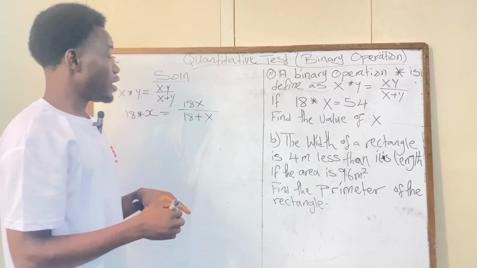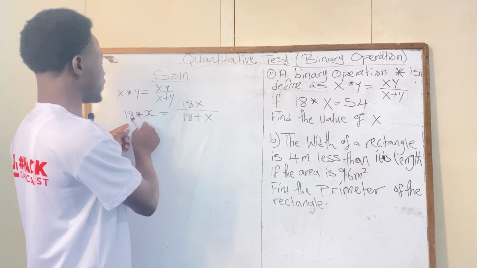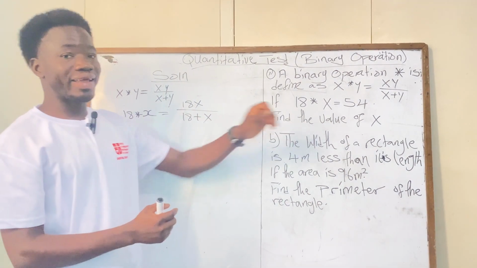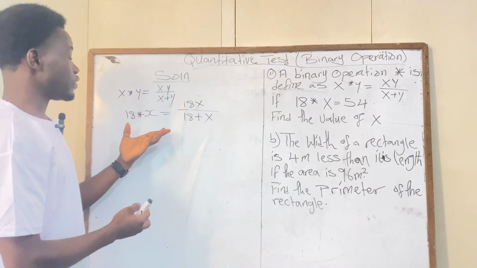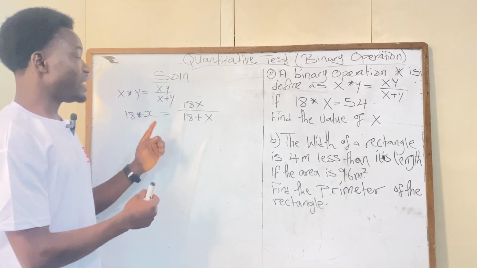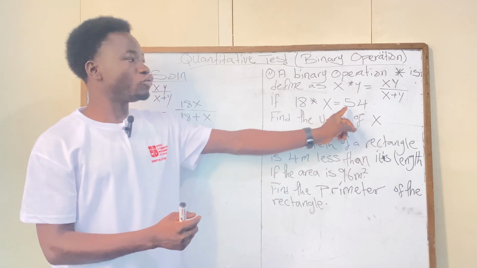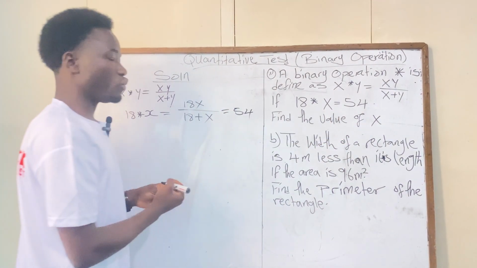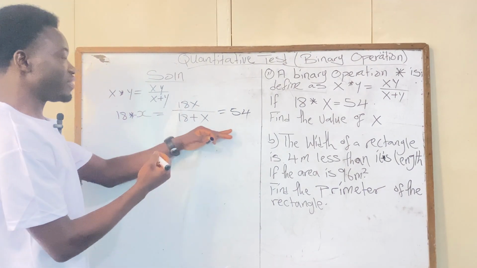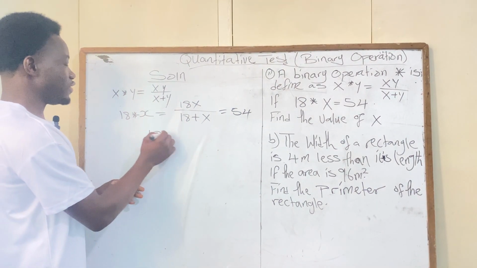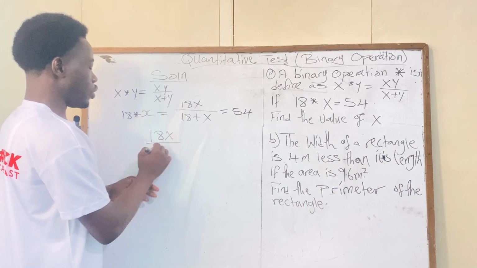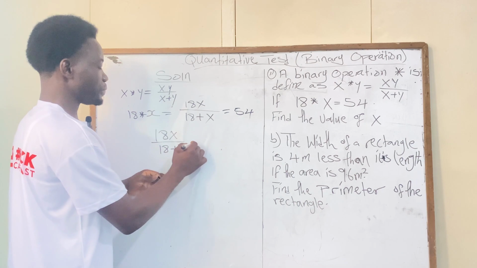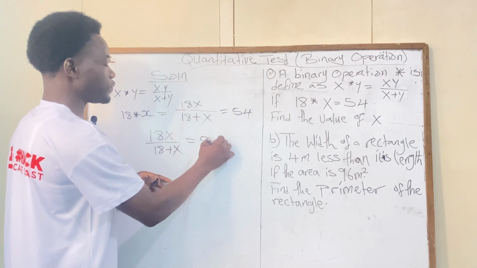All right, we are just substituting this in the definition and we can go ahead and now find the value of x, because we can have an equation. They are saying that this is equal to 54, so I equate this to 54. Rewriting this, I have 18x all on 18 plus x, and this is equal to 54.